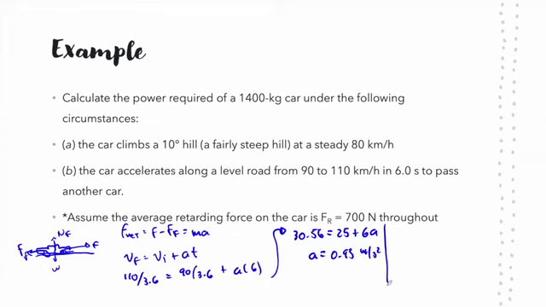which means that our net force is going to be equal to F minus friction, and this is equal to 1400 times 0.93. From here, I find F, the force that the engine needs to apply on the car.